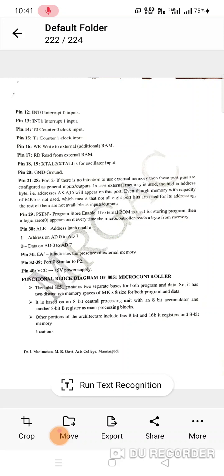Pin number 32 to 39 is used for port 0, similar to port 2.